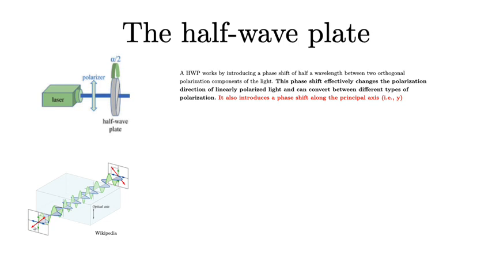Basically, for the half wave plate, first, there is a principal axis because it's all based on optics. And there is the introduction of a pi phase shift for the y component, let's say. Suppose the y axis is the principal axis.